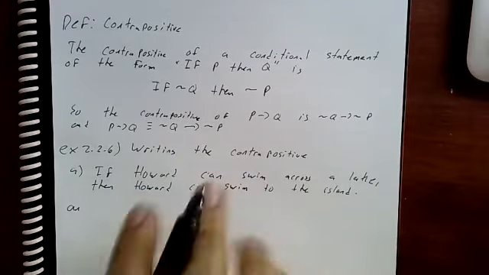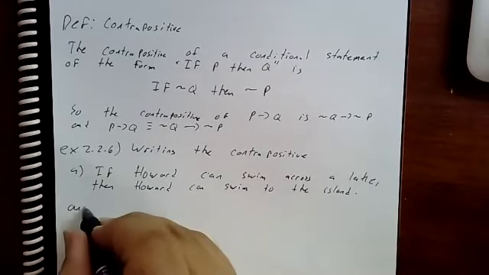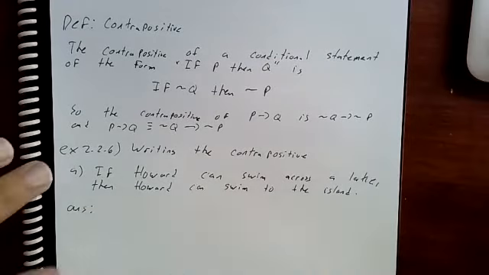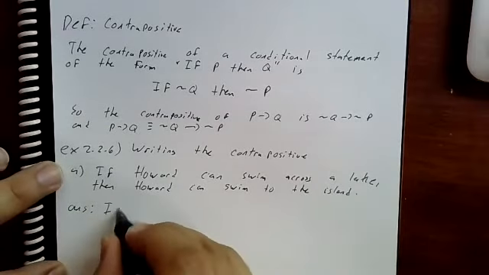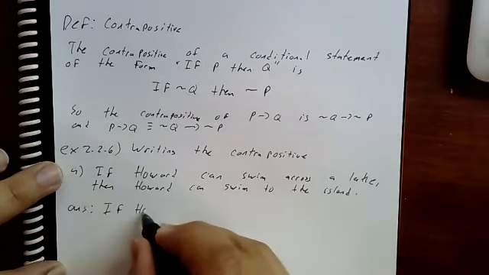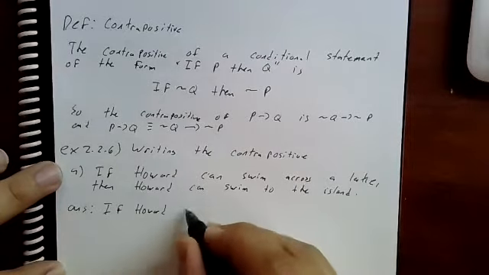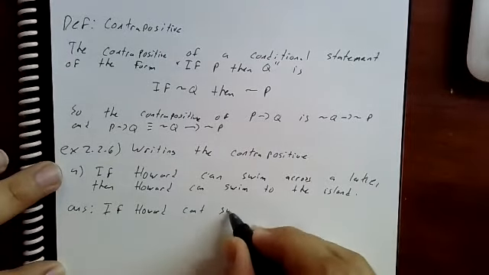You just negate both sides and swap the P's and Q's, that's all. So it'd just be: if Howard cannot swim to the island, then Howard cannot swim across the lake. That's it.